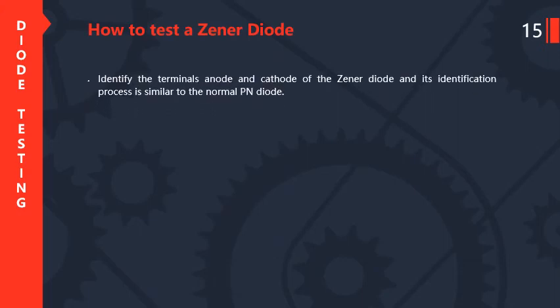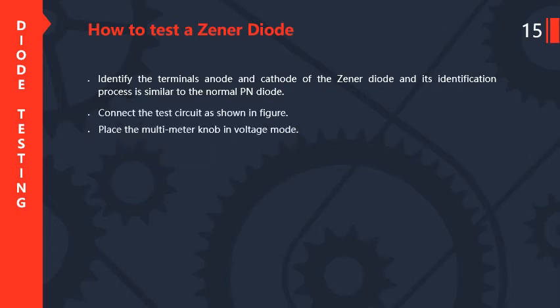The procedure for testing a Zener diode: number 1, identify the terminals, anode and cathode, of the Zener diode, and its identification process is similar to the normal PN junction diode. Connect the test circuit as shown in the figure above.